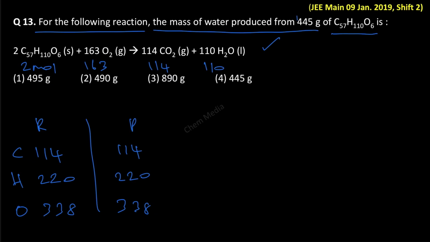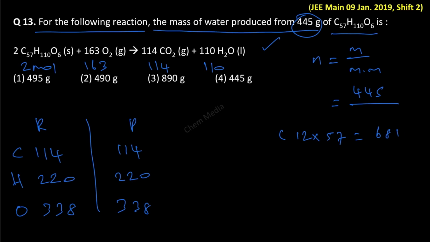Now, based on the weight given, let us first find out how many moles of the compound we actually have. Number of moles is equal to mass divided by molar mass, and that is equal to 445 divided by the molar mass of this compound, which is 12 times 57. 12 times 50 is 600. 7 times 12 is 84.